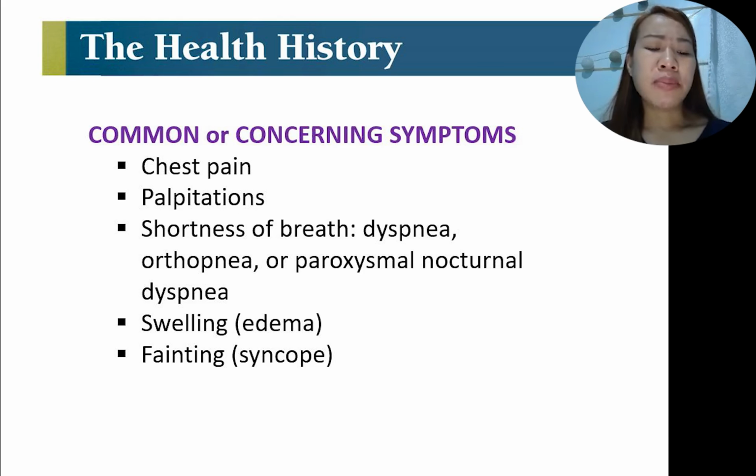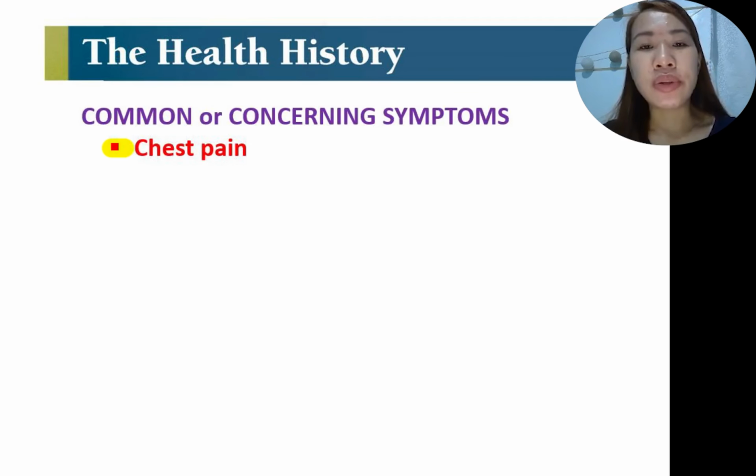So first, class, these are the possible symptoms or signs that you will have to see, starting off with chest pain. Take note, this is one of the symptoms that can be correlated with a cardiac disorder. About 1% of our primary care and outpatient visits present with chest pain.